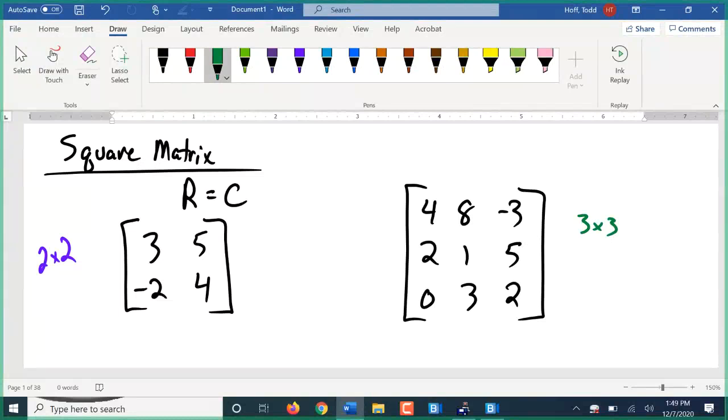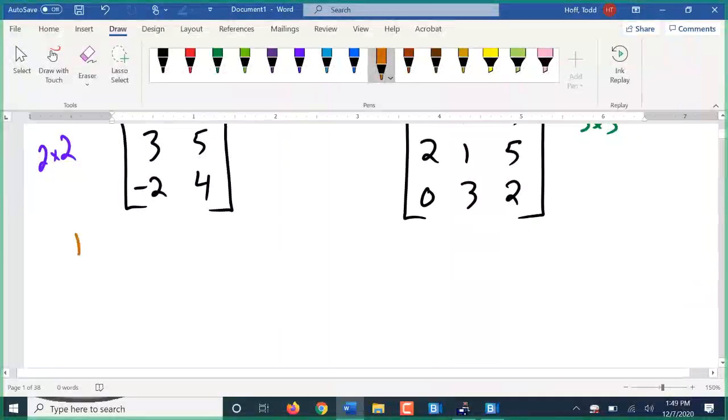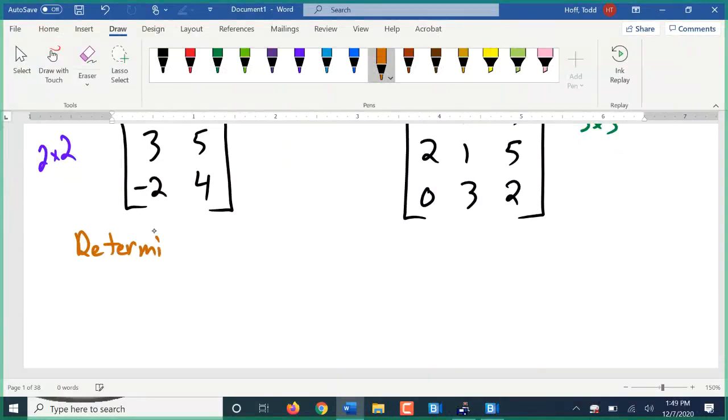The reason a square matrix is special is because in the square matrix, we can calculate something called a determinant. And it can only be found for a square matrix.